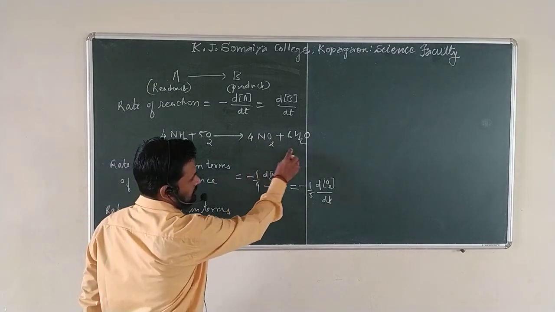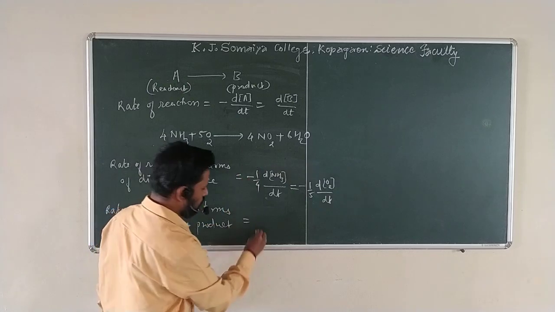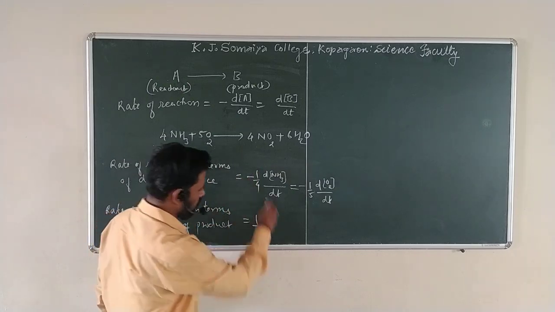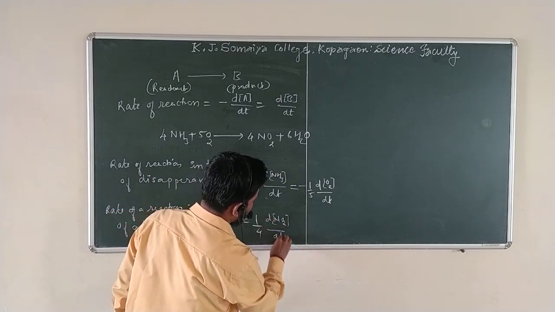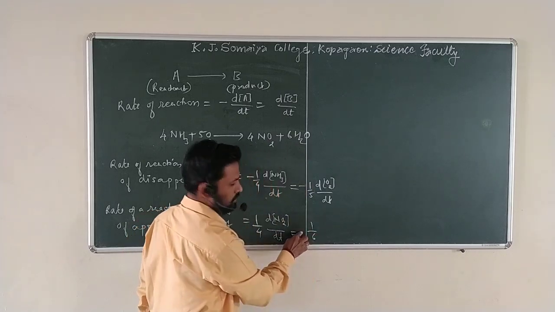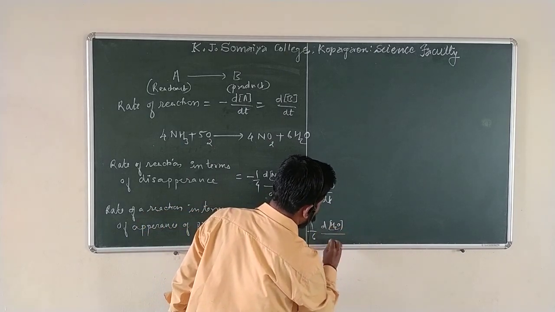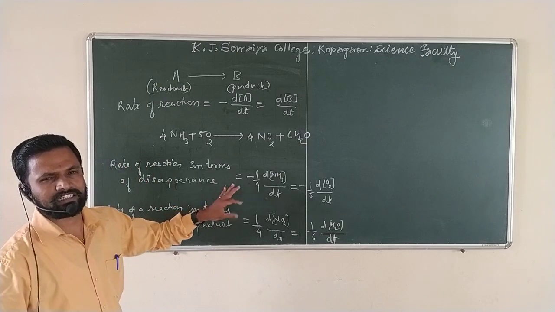Here again we have to consider the stoichiometric amounts of the products. 2 products are there. Stoichiometric amount 4. Here I will write only 1 upon 4. This indicates the positive side. 1 upon 4 d concentration of NO2 divided by dt is equal to, again I will put here 1 upon 6. There is a positive sign. d is nothing but the delta, that is small change of concentration with dt. Very simple. We can write it very simply.